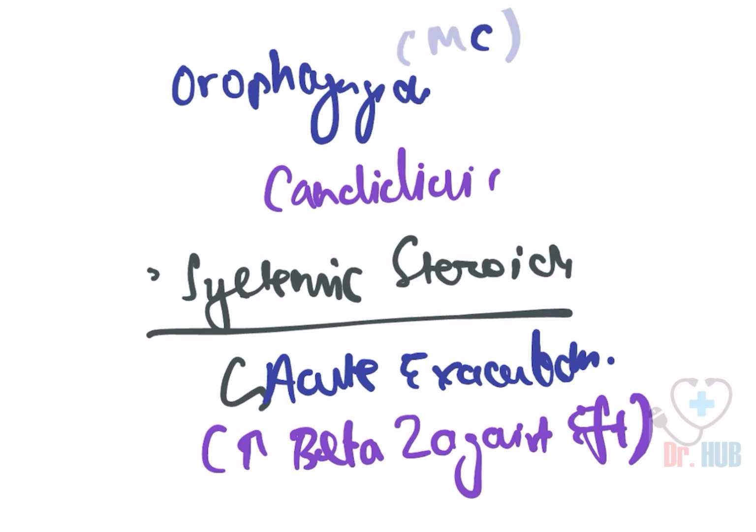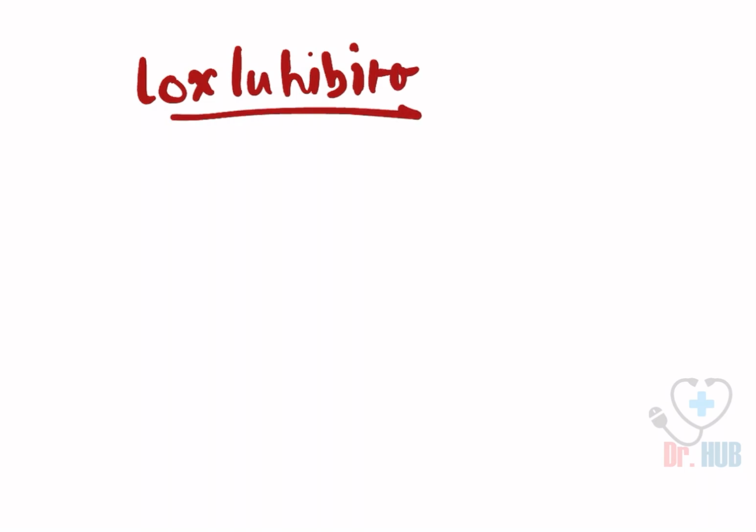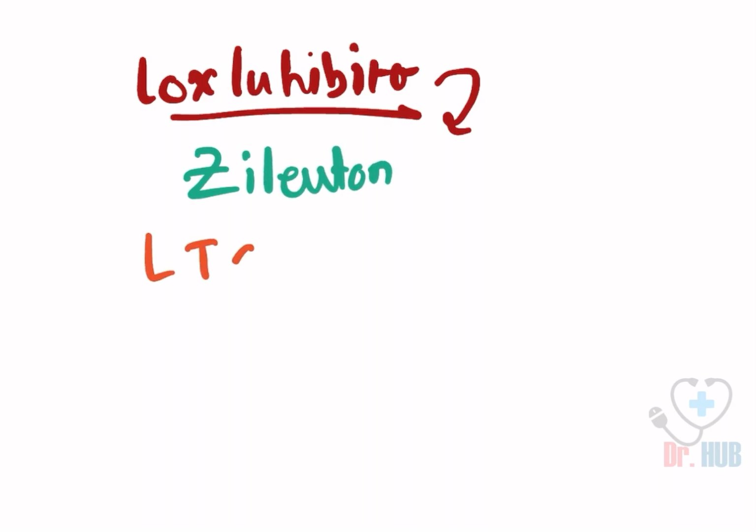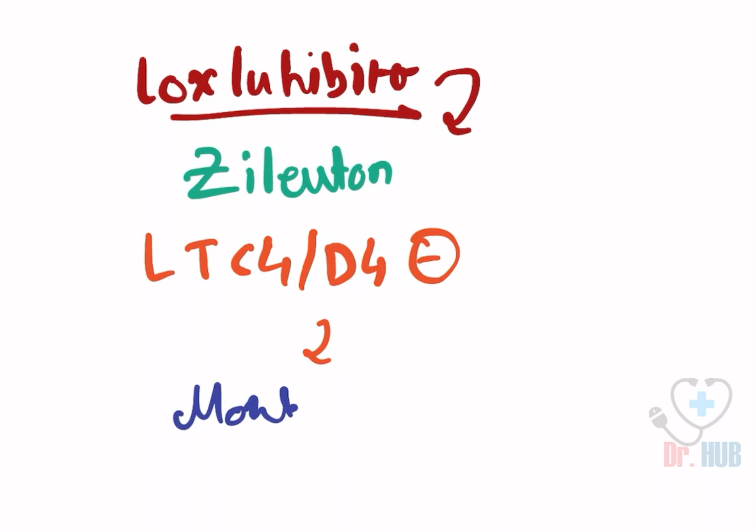Then we look at the LOX inhibitor. So the LOX inhibitor is the zileuton, and also the LTC4/D4 inhibitor. So this is the montelukast.